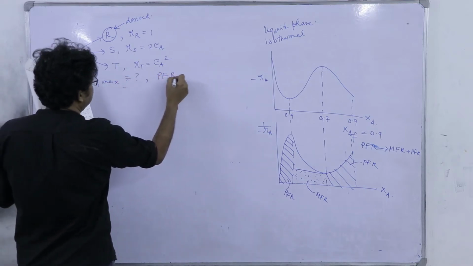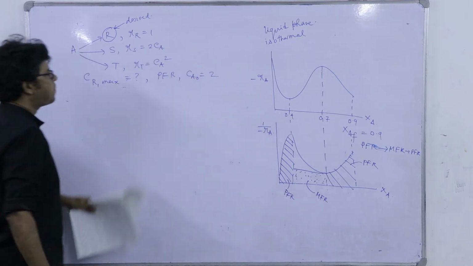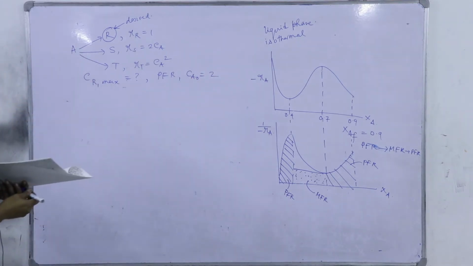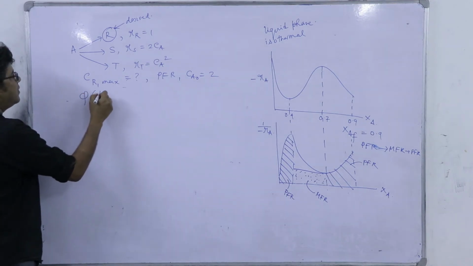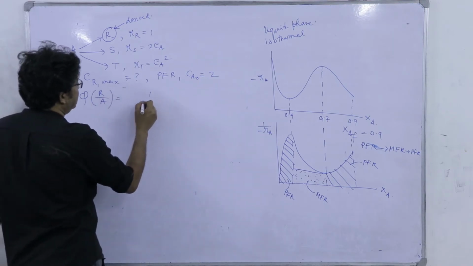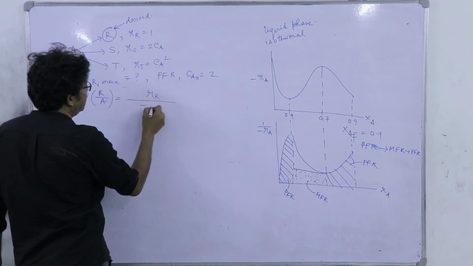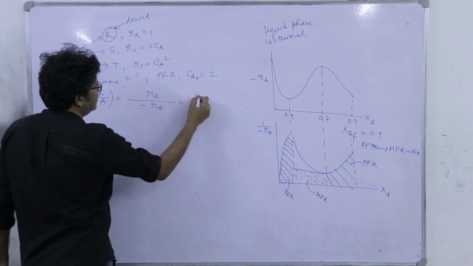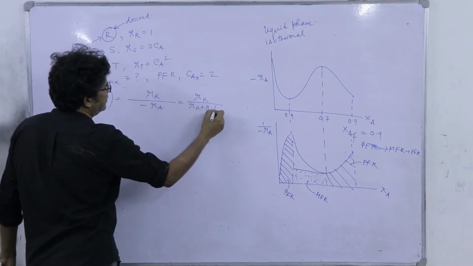PFR is used, CA0 equal to 2. So, you see phi is RR divided by minus RA, which is RR divided by RR plus RS plus RT.